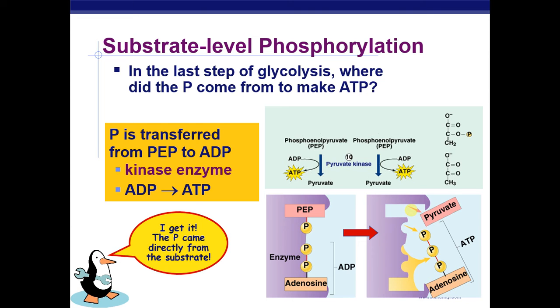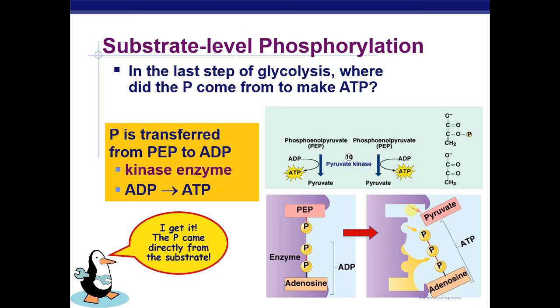So when we remove phosphate from one molecule and put it on the next to make ATP, we call that substrate-level phosphorylation because there's an enzyme involved. And in this case, PEP or phosphoenol pyruvate would be the substrate.